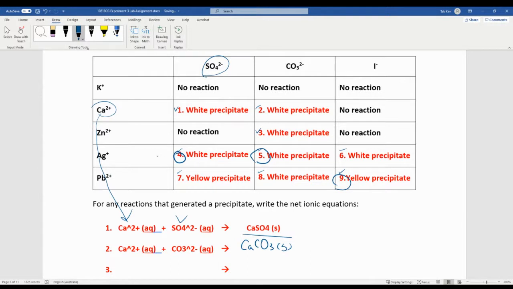So let's look at number 4, silver sulfate. You start with Ag+, which is aqueous, and then you mix with the sulfate anion, SO4 2-, which is aqueous, right? When you see a precipitate reaction, it has to be a solid compound. So you have to write it as a compound.